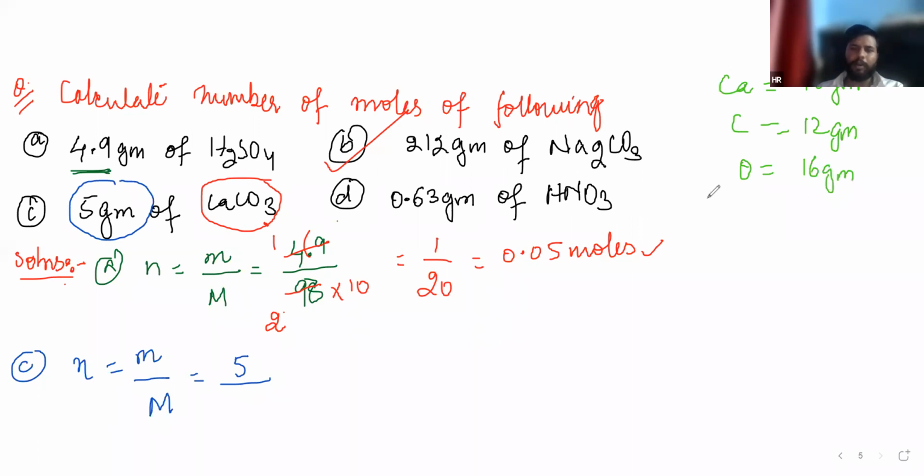Now calculate the molar mass of CaCO3 and tell me. Hundred. Okay, 100. And we just have to divide it. 5 by 100, then it will be 1 by 20, and it will be equal to 0.05 moles.